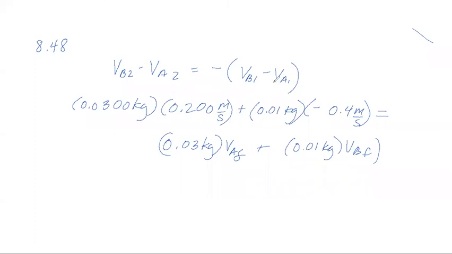V_B final minus V_A final is going to equal negative V_B initial, which was negative 0.4 meters per second, minus 0.2 meters per second, the negative of that.